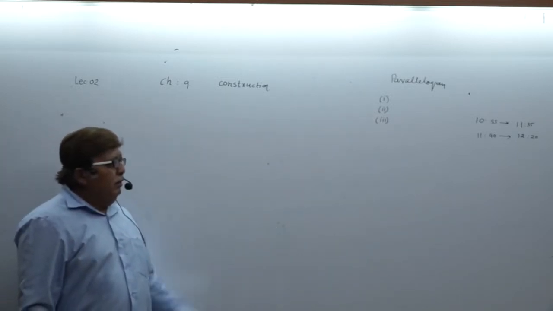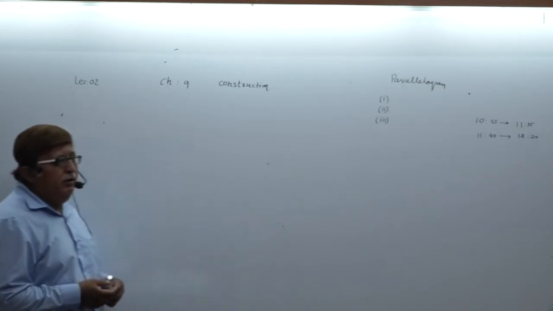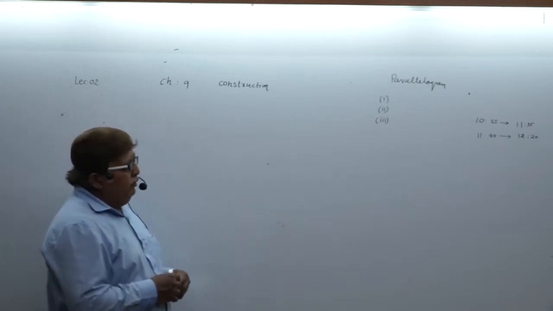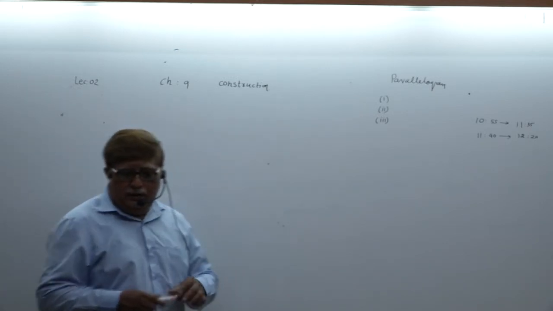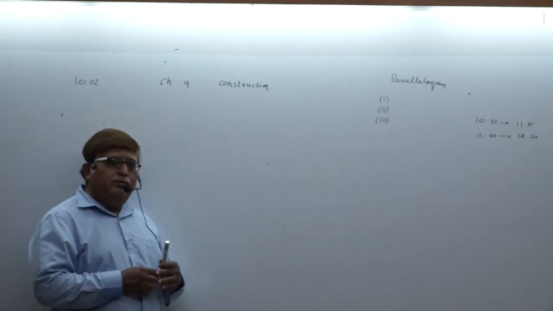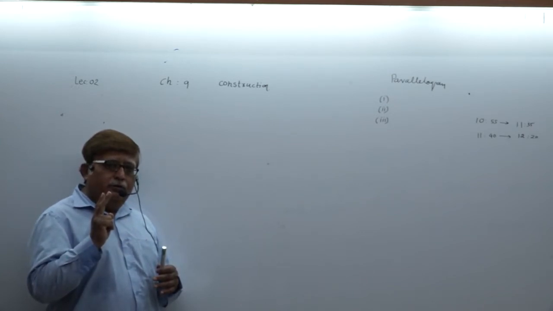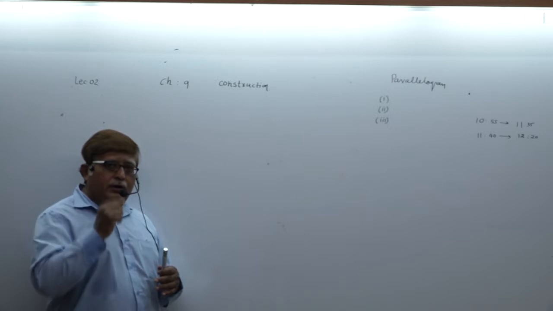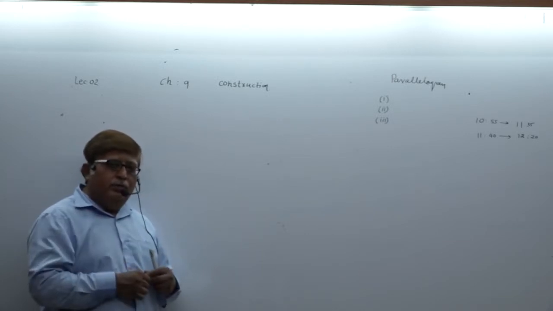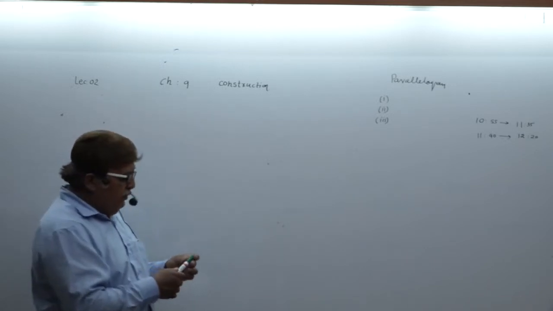Understand, as much as possible we will try to cover in this particular lecture. First type you have already done, that is construction of parallelogram when you are given two adjacent sides and one diagonal, if you can remember it. That was construction of parallelogram of first type, where two adjacent sides were given.